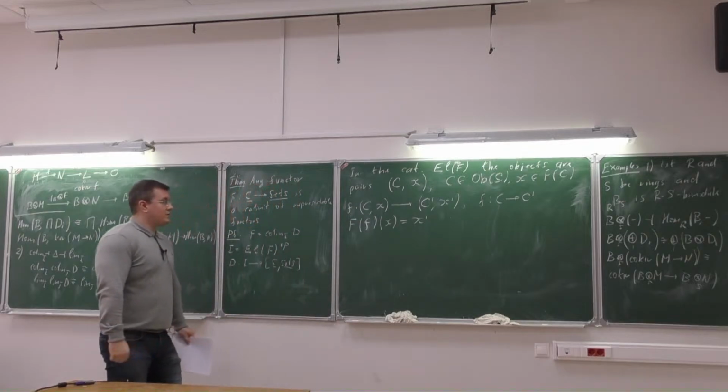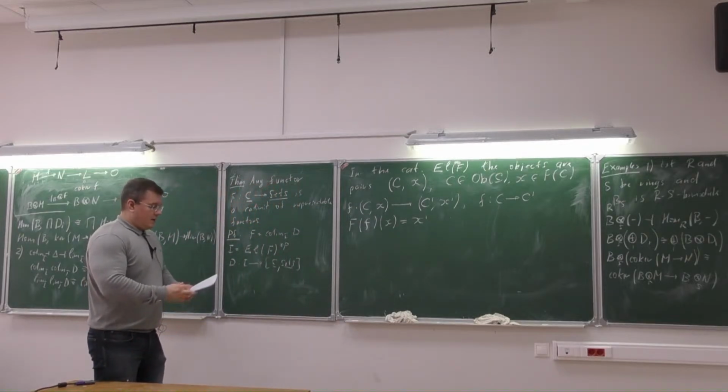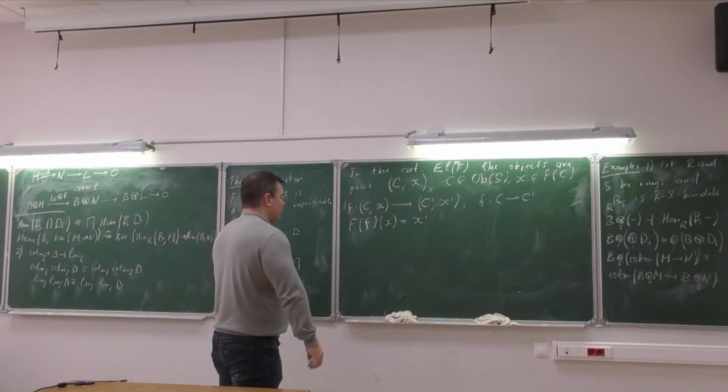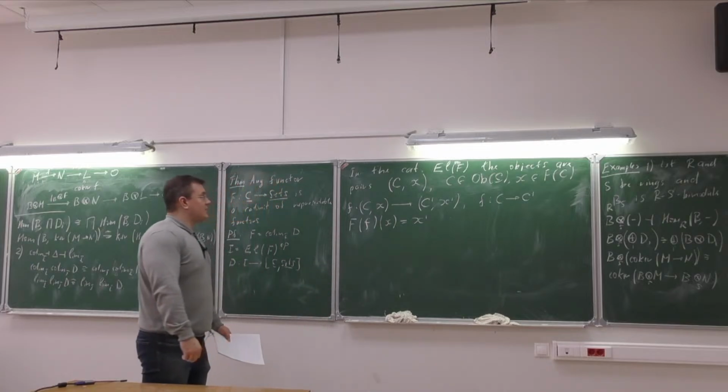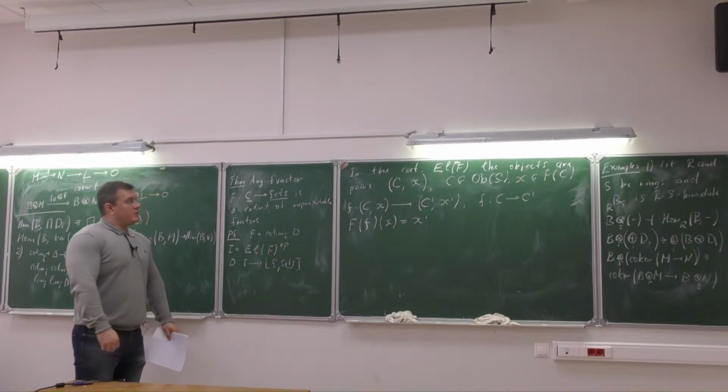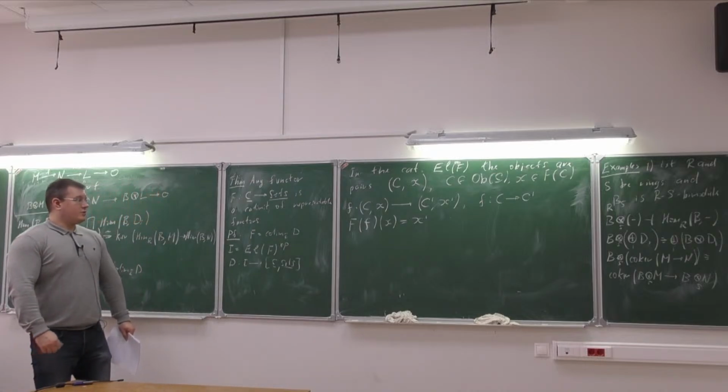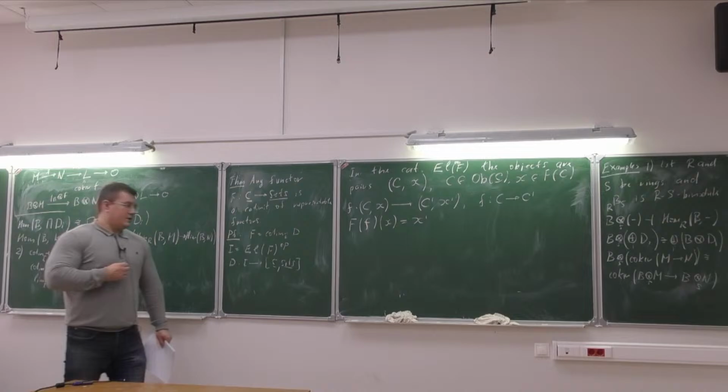So that's the definition of this category of elements. As an exercise, you can notice that you can present this category of elements as one of the examples of the comma category, but we don't need this for the proof.